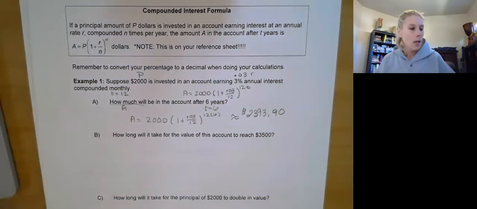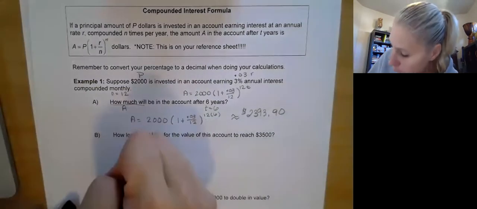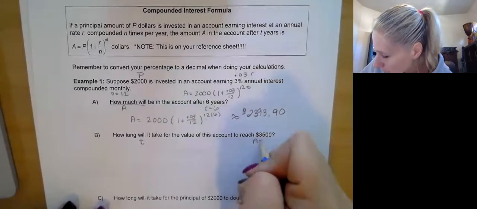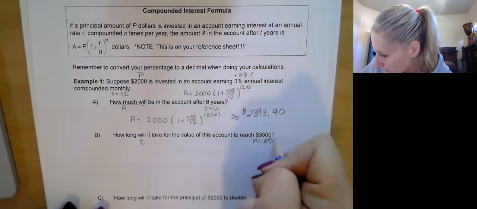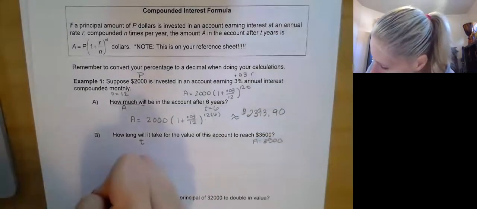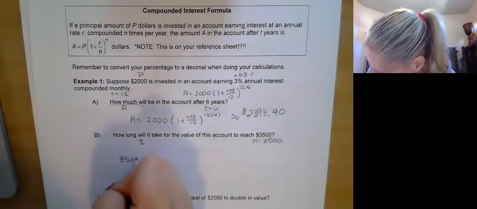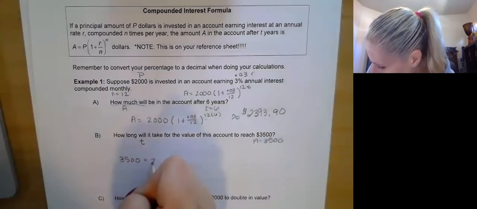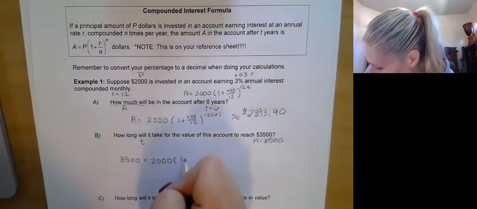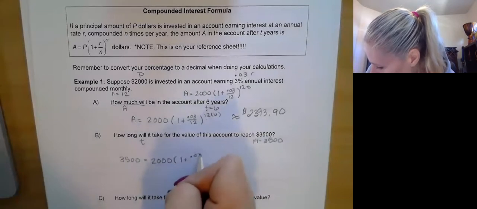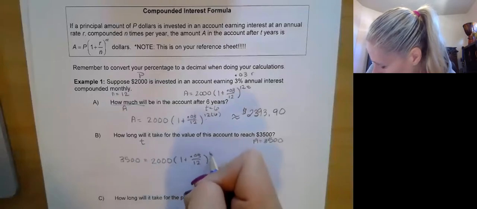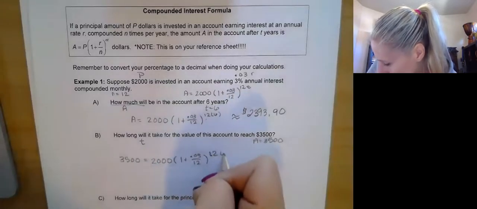Okay, next one. How long will it take? So in other words, we're solving for the time, knowing that our A is going to be 3,500. So let's write down what that looks like. That means we have 3,500 equals 2,000 times 1 plus 0.03 over 12 to the 12t.